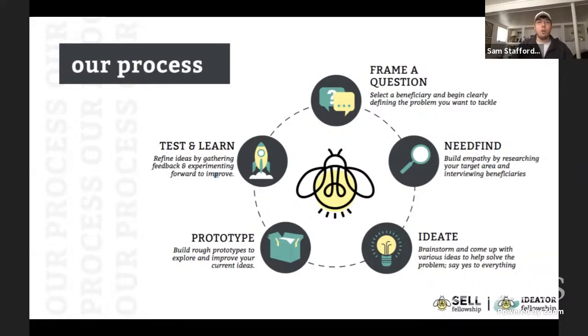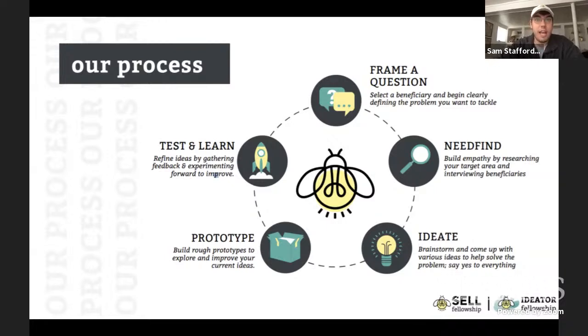So you build what's called a proof of concept and a minimum viable product, which are essentially the very, very basics of your idea built out. And then you test and learn. You refine ideas by gathering feedback and implementing and experimenting and moving forward. So you take that prototype and then you test and learn how you can make it better.